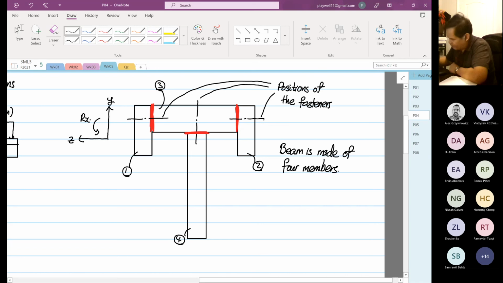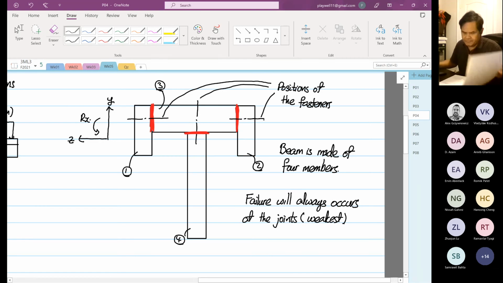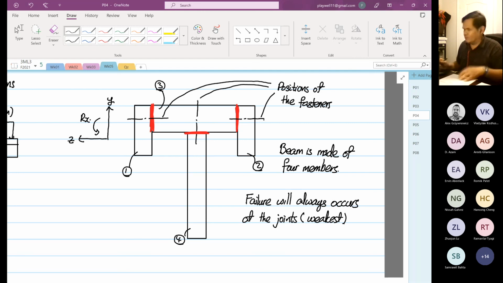And to highlight what I just said, failure always occurs at the joints, okay? Because it's the weakest link. I mean, you will not use a structure that's weaker than your fastener, will you, right? Okay.